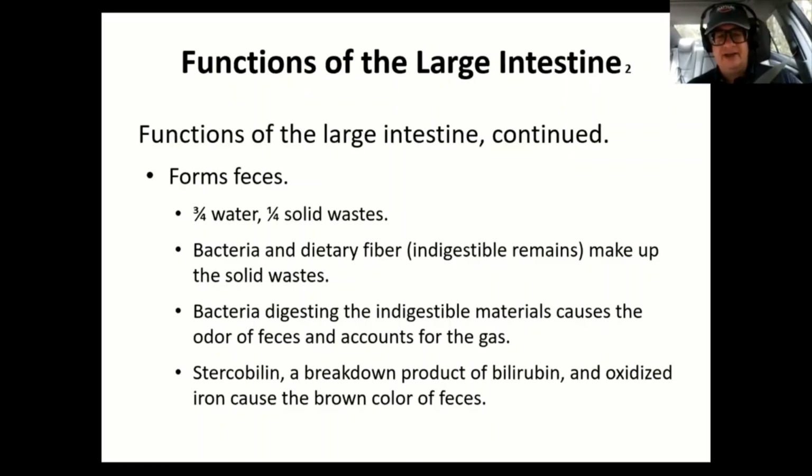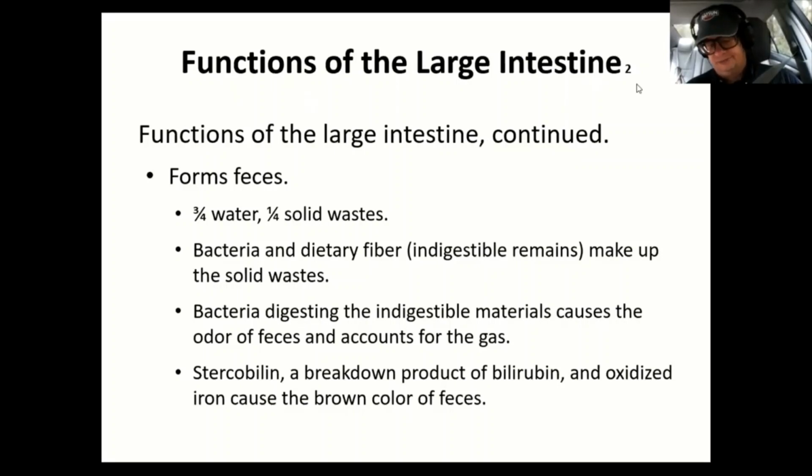bacteria and dietary fiber that we can't digest are the stuff that remains. The bacteria are what cause the odor. They're what cause the gas. Stercobilin, which is the breakdown of bilirubin, which you remember was urobilinogen, and the oxidized iron is what's causing the brown color of the feces.